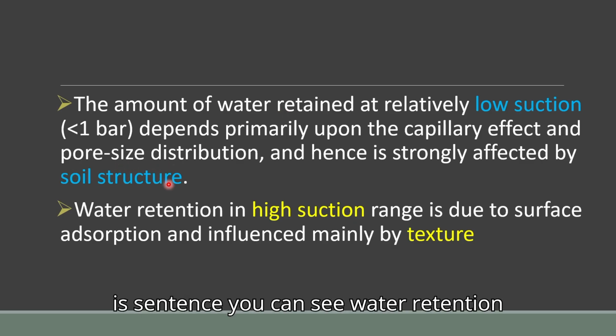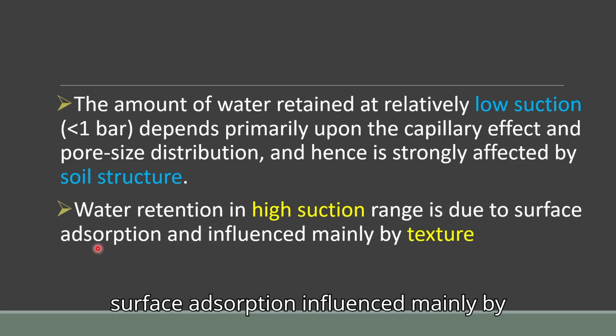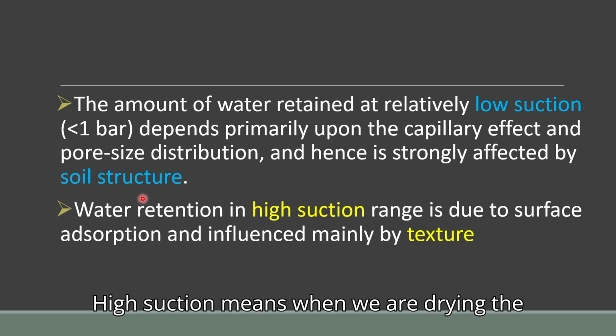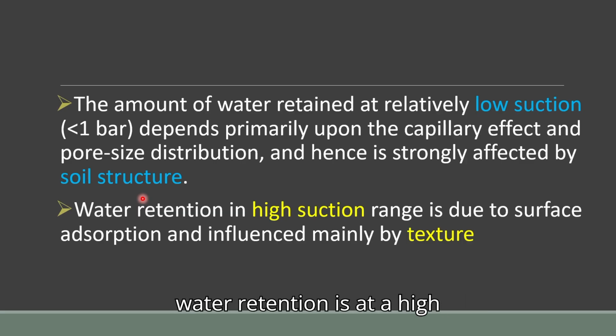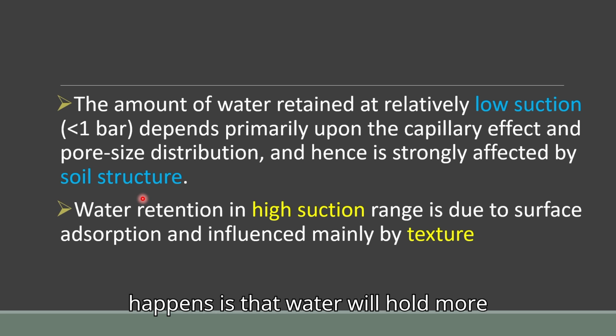The next sentence says water retention in the high suction range is due to surface adsorption and influenced mainly by texture. What this sentence means is that at high suctions, when we are drying the soil, when the soil is very dry, the water retention is at a high pressure. At this condition, water will be held more tightly.